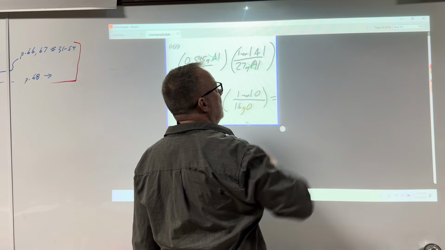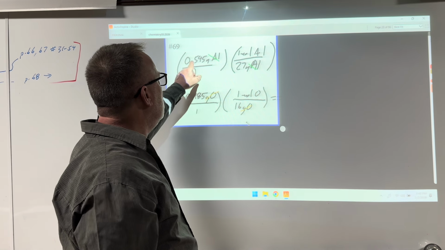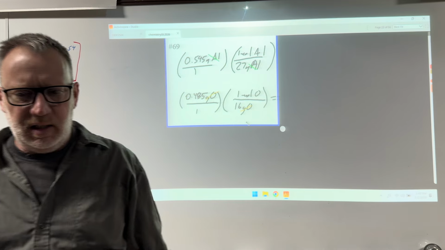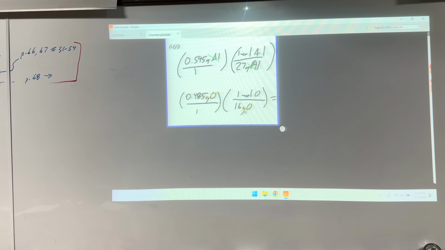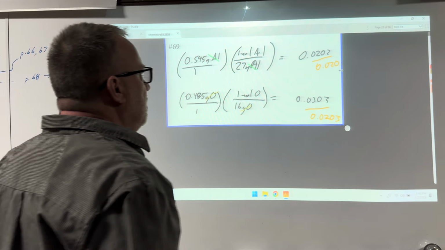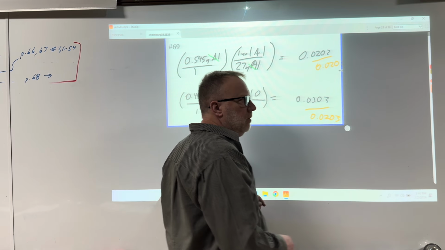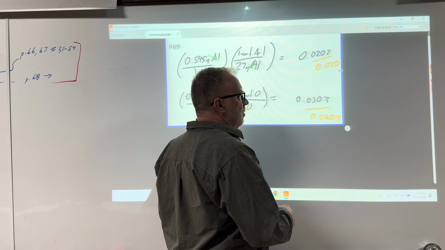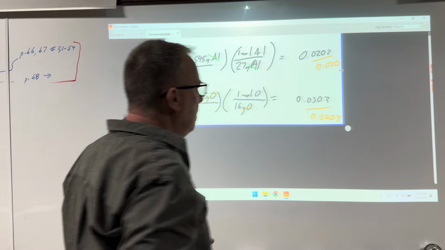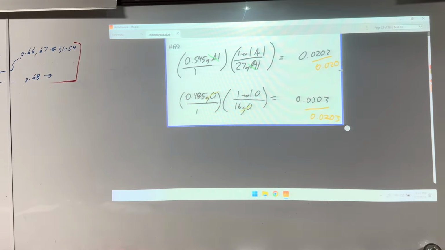Aluminum's real close to 27 grams per mole. So you're going to divide by 27, and here you're going to divide by 16. You get 0.0202 and 0.0203. Well, if you divide by the smallest, 0.0202, it should be what I divided by.